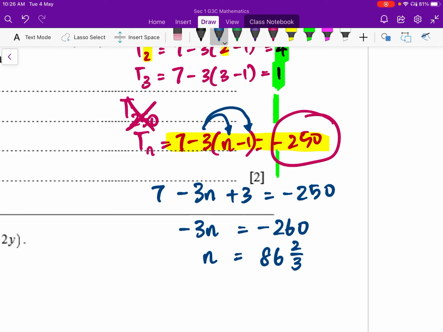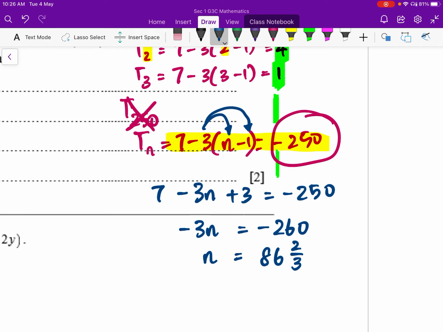So what does this imply? This implies that, hey, when your term number is 86 and 2 over 3, yeah, you do get negative 250. That's what it's trying to tell you. But is it possible for a term number to be 86 and 2 over 3? Can you have an index number of 86 and 2 over 3? Your index numbers, they are all whole numbers, alright? That is your position.